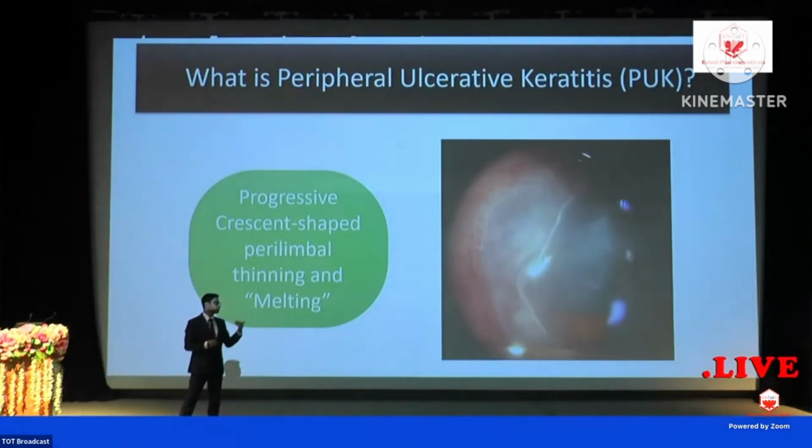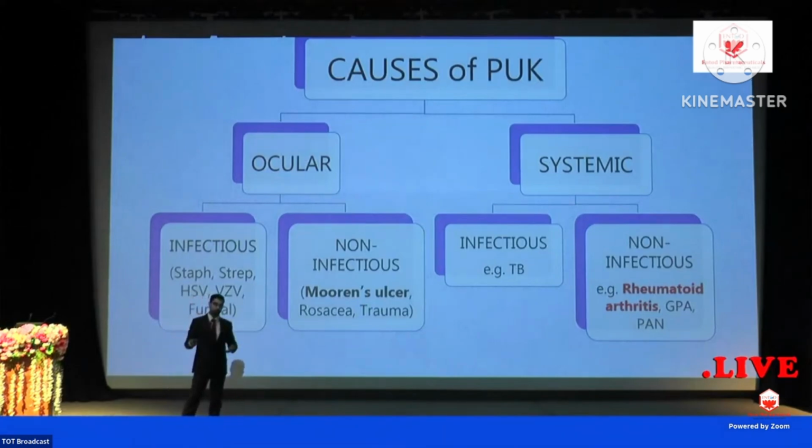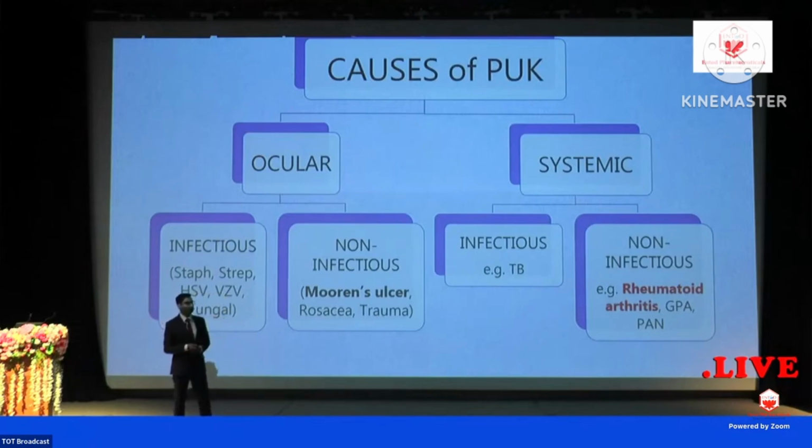Now, PUK, as it is known, can have both ocular and systemic causes. Among the ocular causes, they can be both infectious and non-infectious etiologies. Non-infectious ocular etiologies, namely a Mooren's ulcer, rosacea, or even trauma. On the contrary, if it is a systemic cause, it can again be infectious and non-infectious.